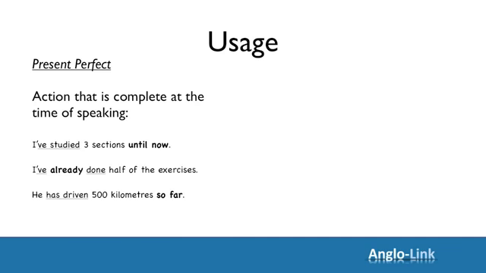He has driven 500 kilometers so far. Let's look at the past simple. Past simple is similar to present perfect in that it also refers to a completed action in the past. But this time, there's a clear reference to the specific time of the action in the past.